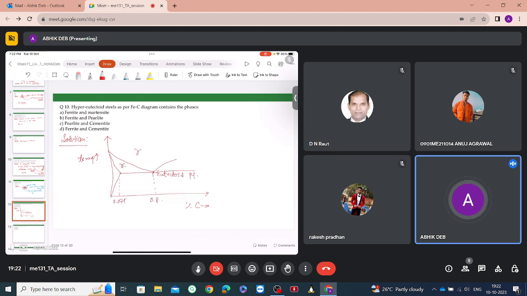Here this is gamma plus alpha, this is alpha, this is alpha plus pearlite region, this is gamma plus cementite region, and this is pearlite plus cementite region. What is pearlite? Can you tell me what is pearlite?